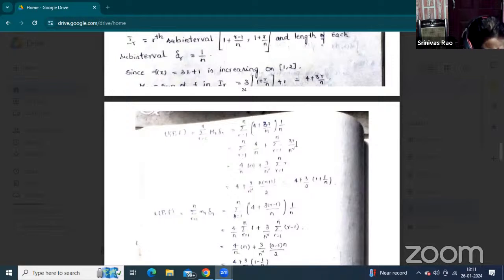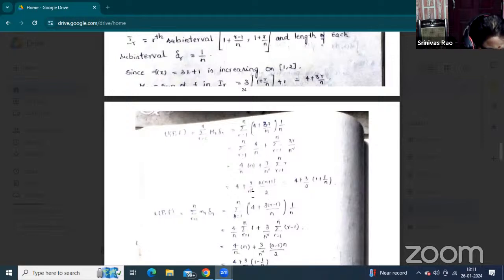So summation r, where r varies from 1 to n, is n(n+1)/2.